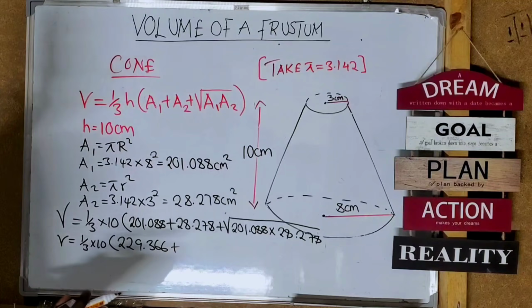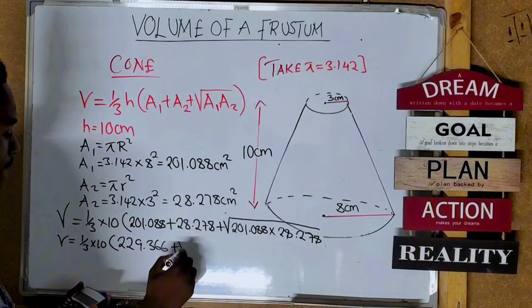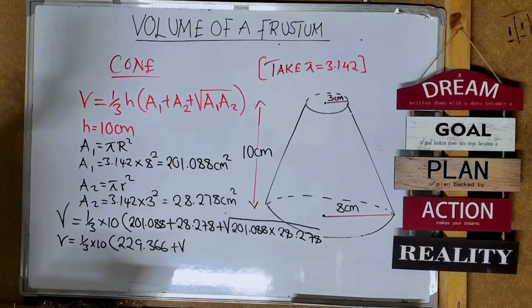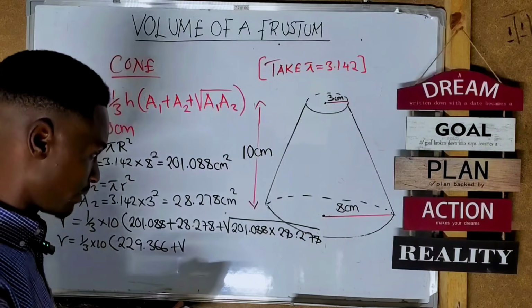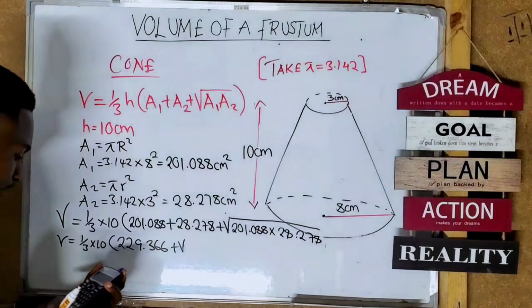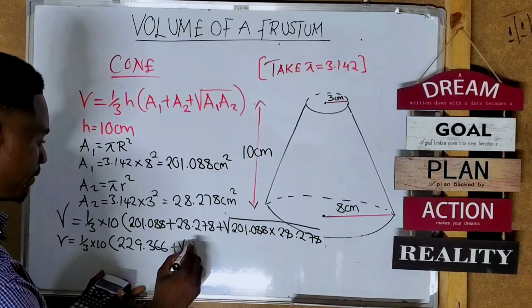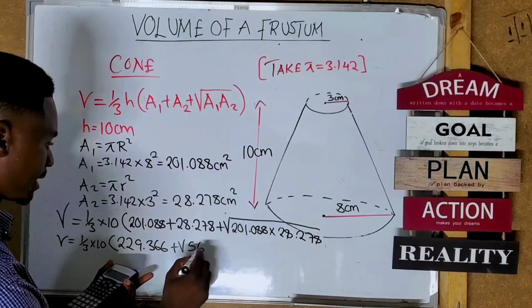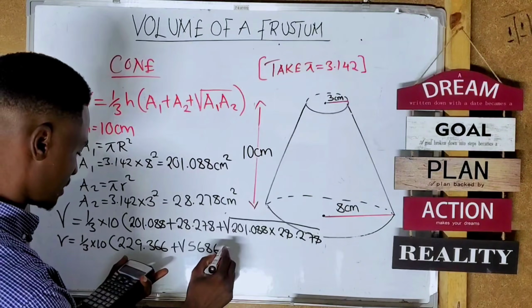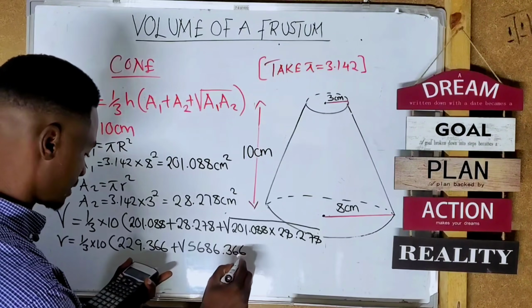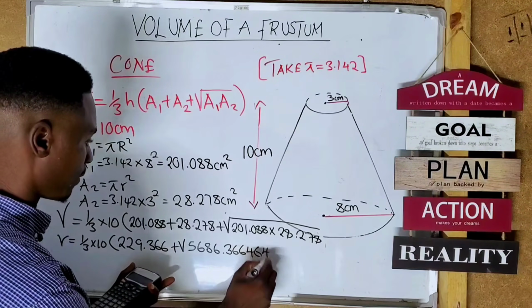Then the square root of what's inside when you multiply: 201.088 multiplied by 28.278 gives 5686.366464.